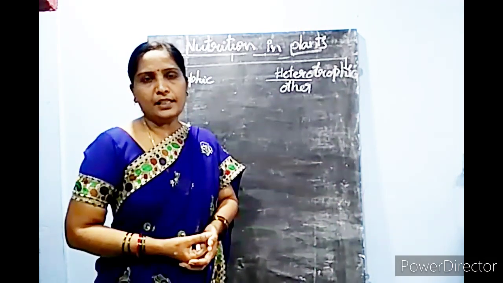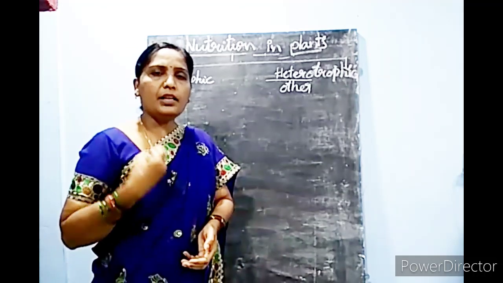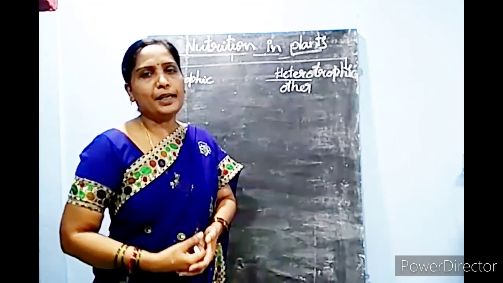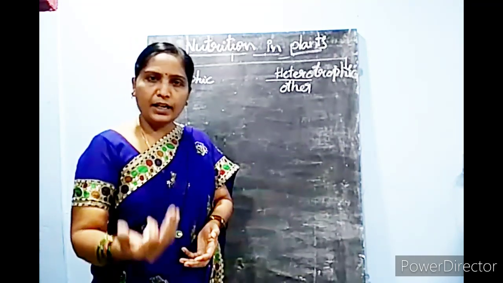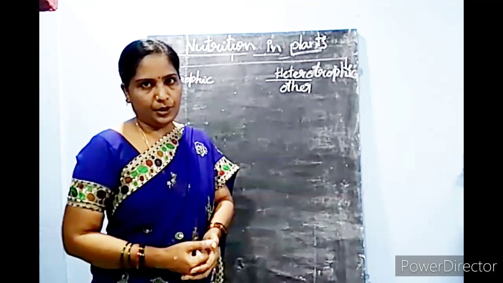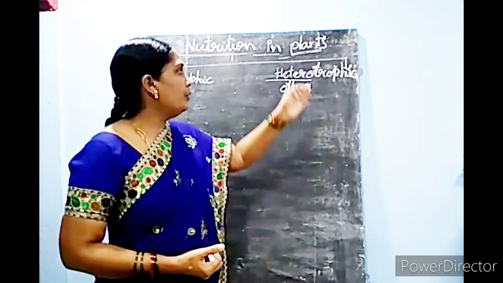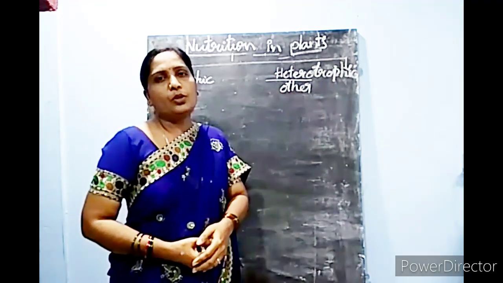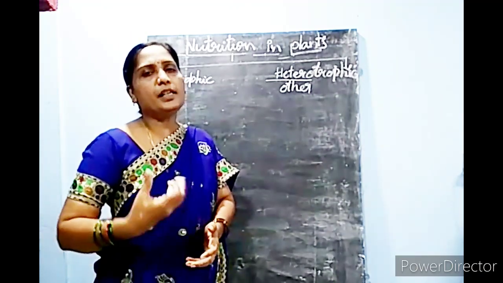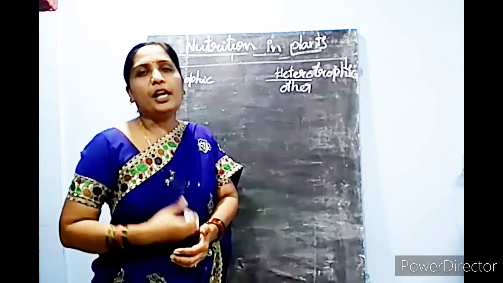But some plants, even though they have chlorophyll, can't get all the required minerals from the soil. Such plants, either directly or indirectly, depend on the green plants to get their food. Such organisms are known as heterotrophs.